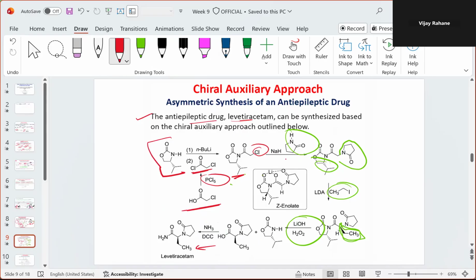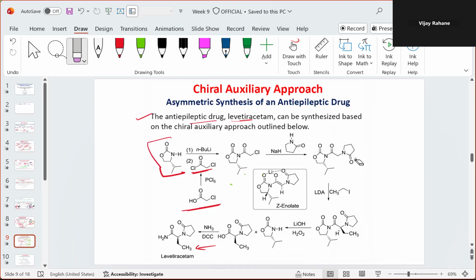But if you look closely at the step which I will highlight here, from here to here, the stereochemistry is mainly governed. That is the stereochemistry of the incoming electrophile.